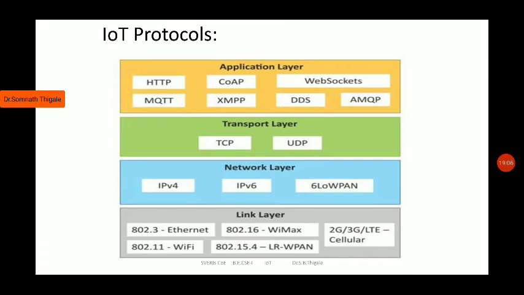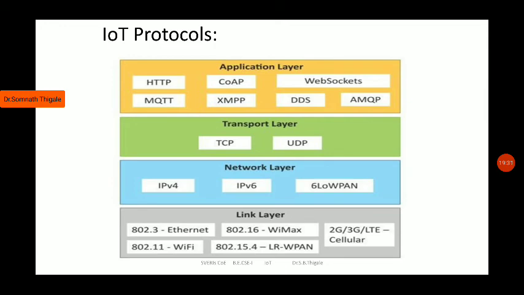It is an open application protocol for business messaging. It supports the point-to-point and publisher-subscriber model. In upcoming slides, we will discuss what the publisher-subscriber model is. Also, it supports routing and queuing technology. So these are the IoT protocols.